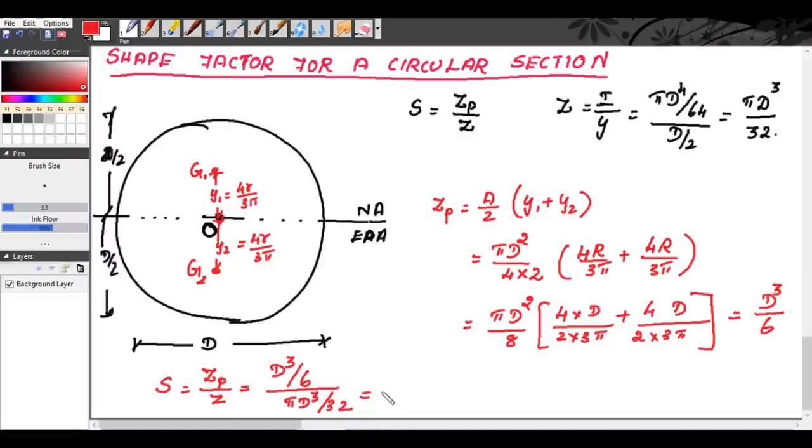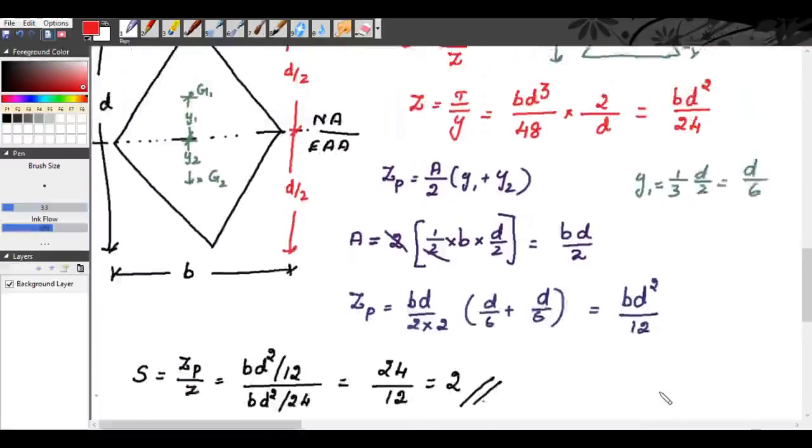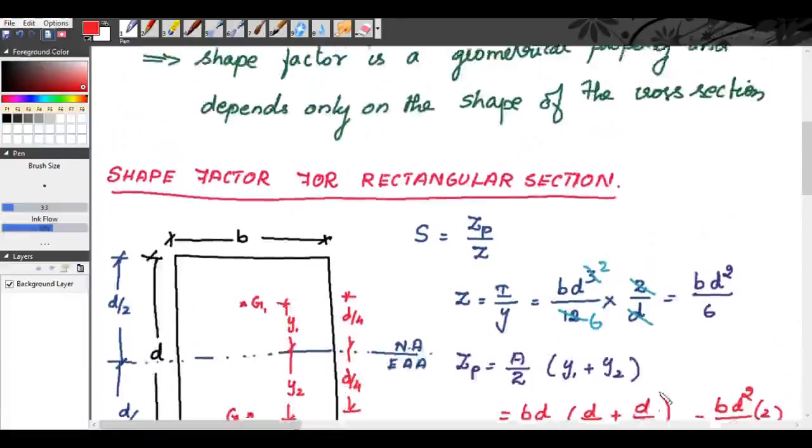So we get 1.697, which means the shape factor for a circular section is 1.697. So remember, shape factor for a rectangular section is 1.5, shape factor for a diamond section is 2, shape factor for a circular section is 1.697. We will move on to the next shape factor.